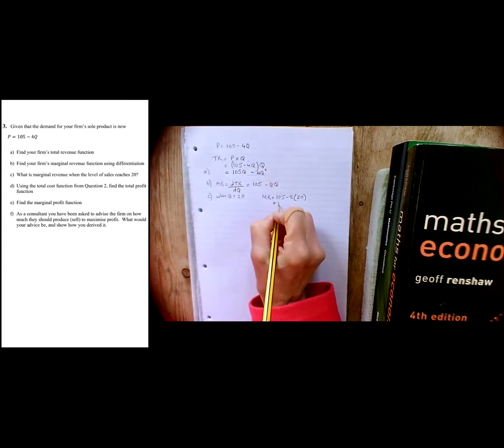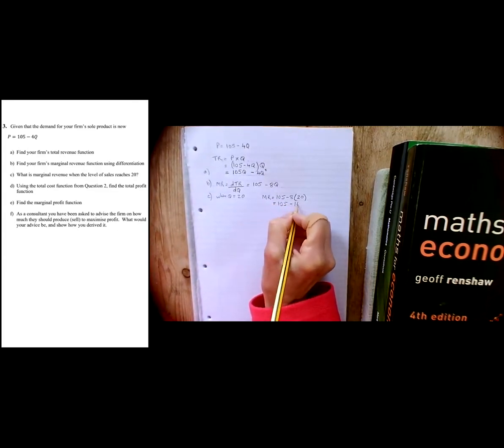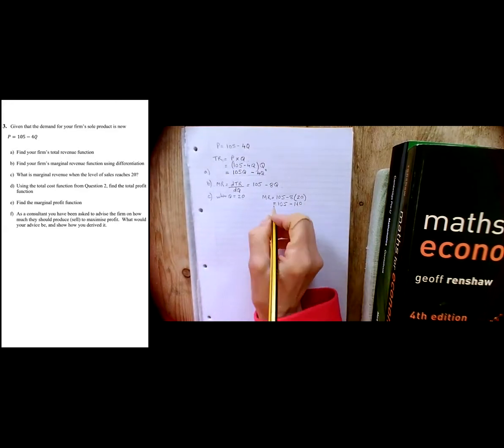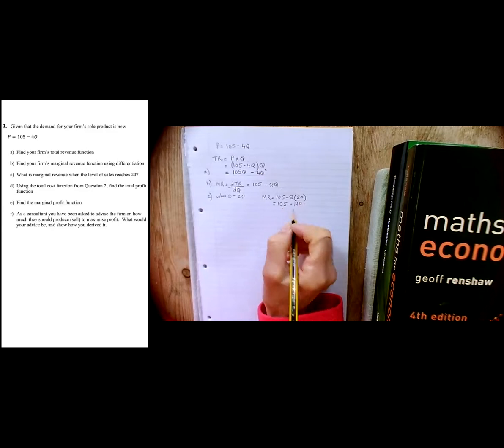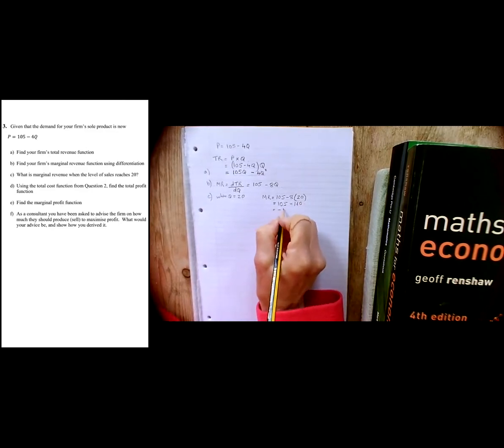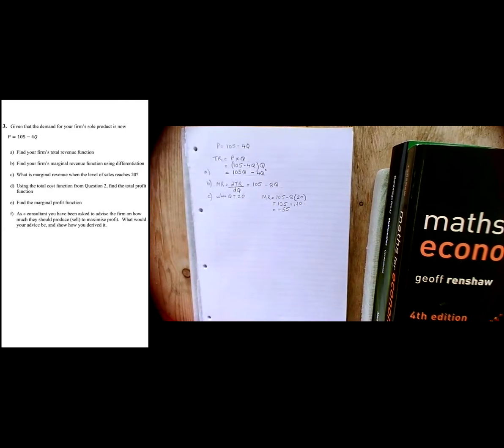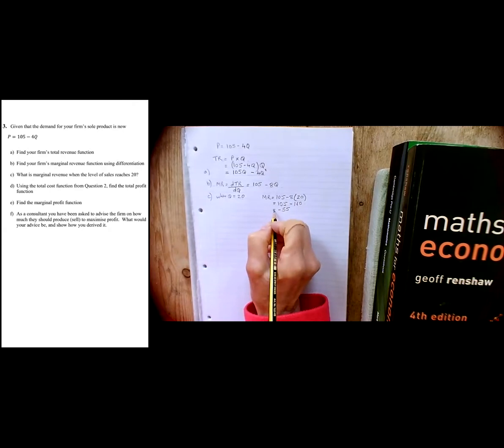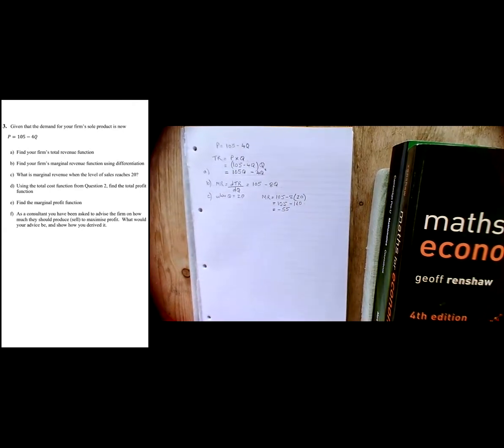So that's going to be 105 minus 160. And this is a bigger number than that, so we're going to go into negatives. So the marginal revenue is minus 55. So if we produce at that level, we're getting negative amounts of revenue every time we add a new one.